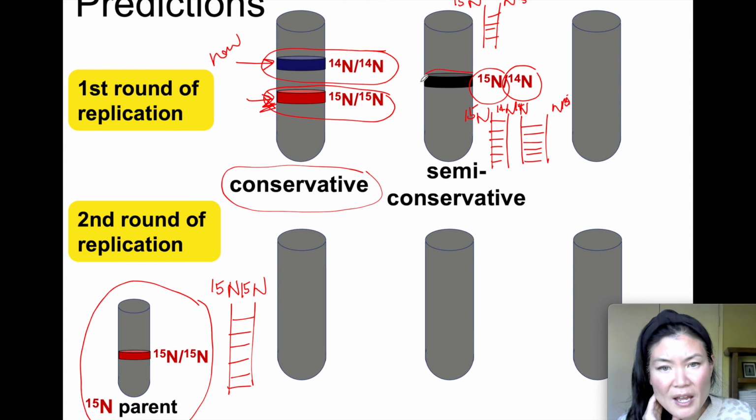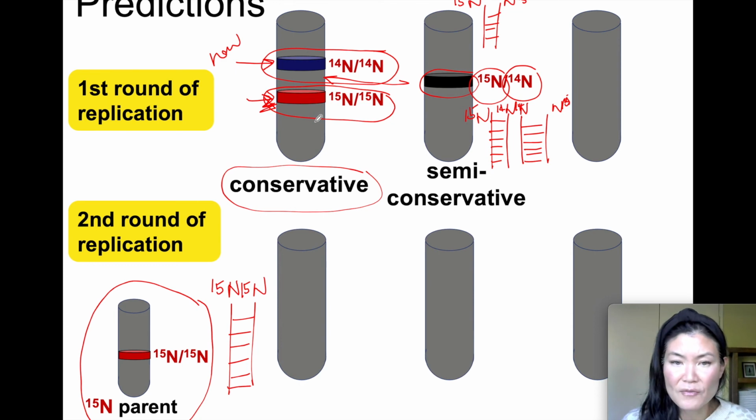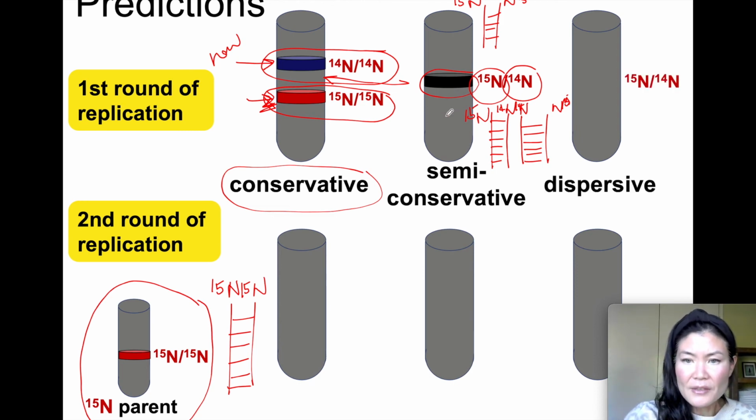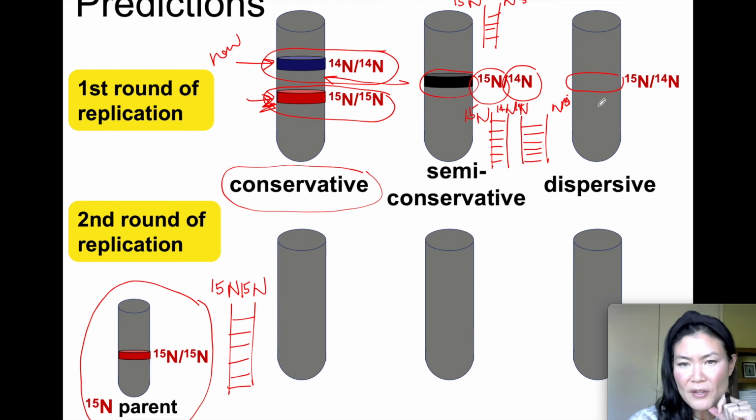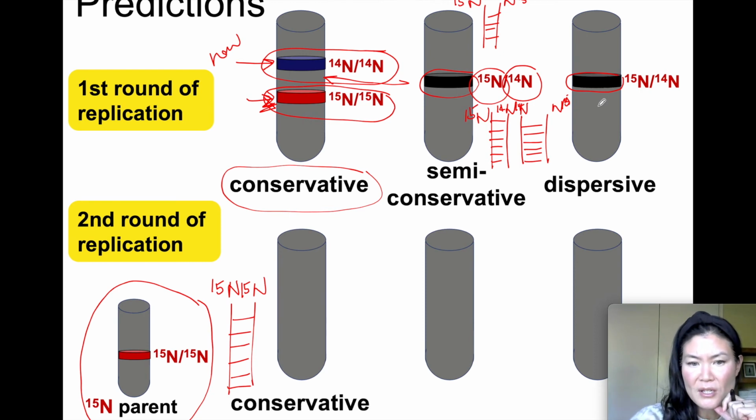But then this line, do you see how it's in between? It's not as heavy as 100% nitrogen 15, and it's not as light as 100% nitrogen 14. So you see it in the middle. And then the dispersive model is going to be in the middle too, because remember, it's bits and pieces of the old and the new, so nitrogen 15 and 14.